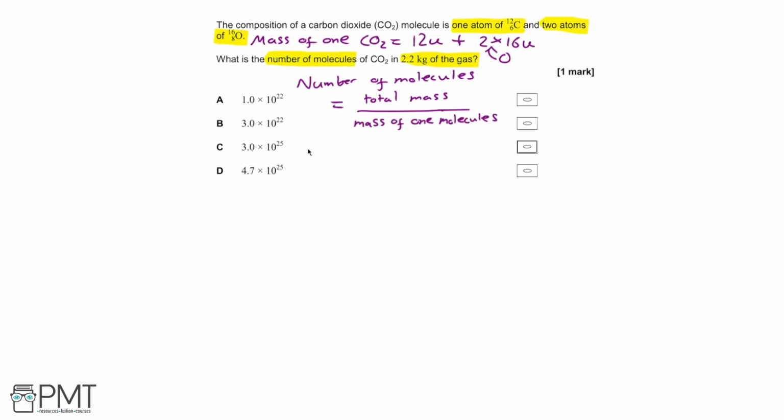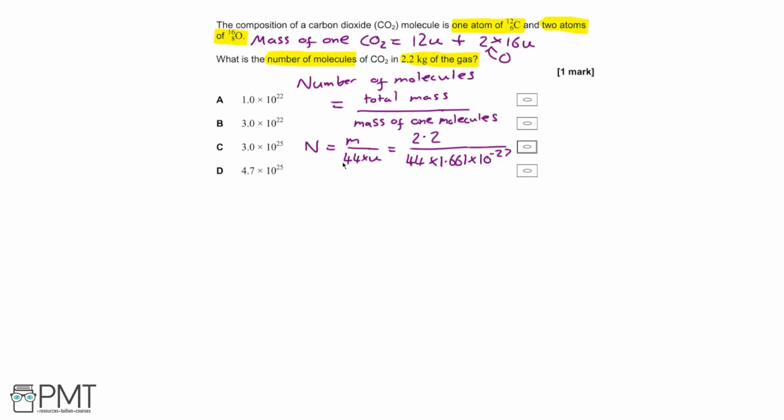Therefore, our total number of molecules, N, is given by the mass divided by this, which is 12 plus 2 times 16 u, which is 44 times u. So substituting in, we have that M is equal to 2.2 kilograms, and the mass of one carbon dioxide molecule is equal to 44 times 1.661 times 10 to the minus 27, and that's in kilograms.